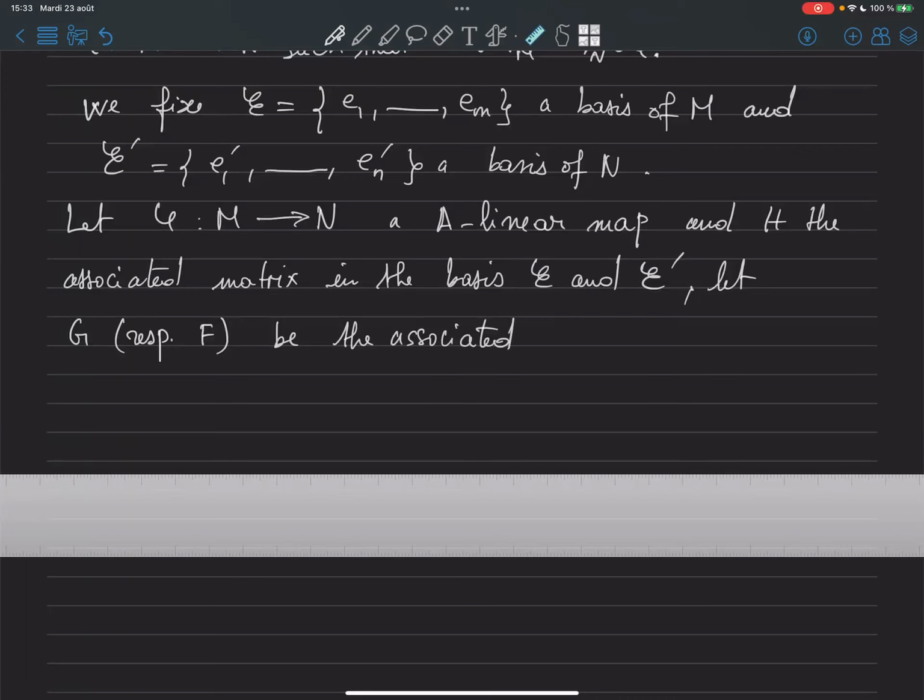We know that for each linear map, we can associate a matrix, but for a connection, we will associate a matrix in a different way, in the way that I explained before.